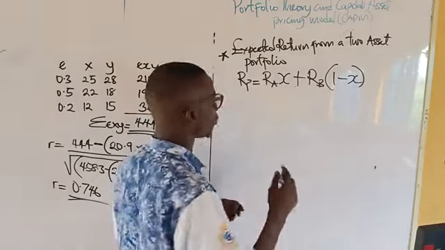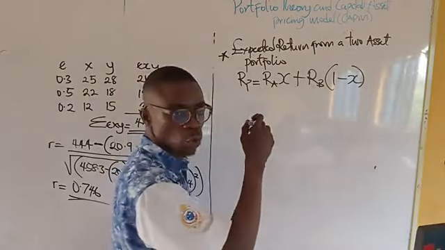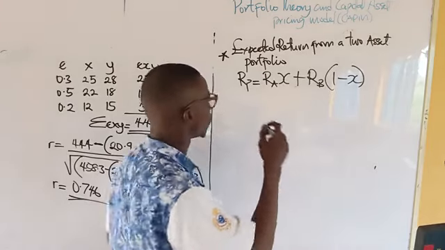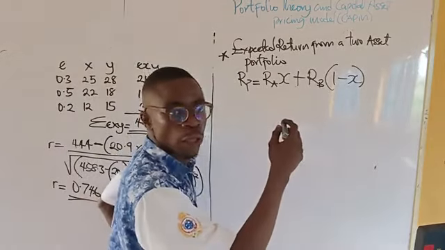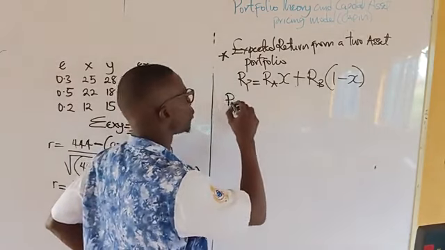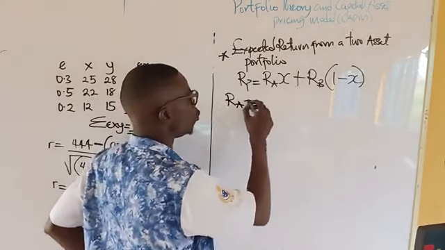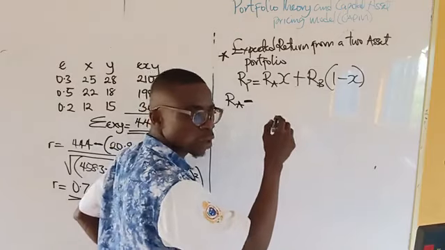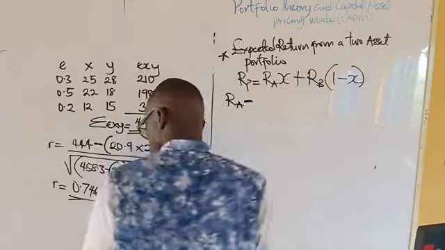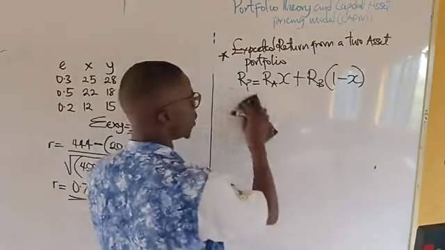So to calculate now, look at it. We don't know the expected return of A now, right? So we use this formula. Are we together? Let me divide the board here.